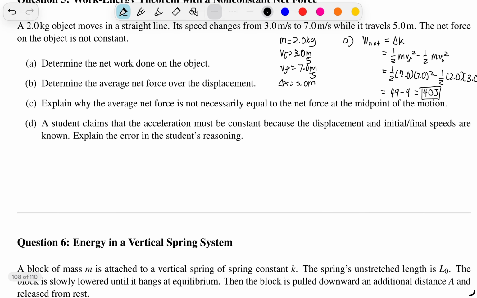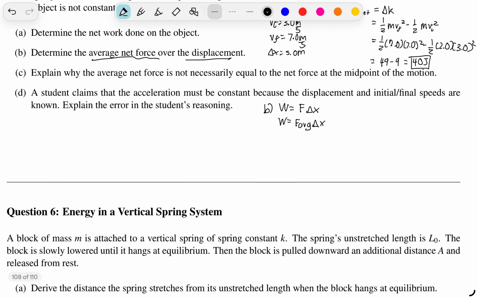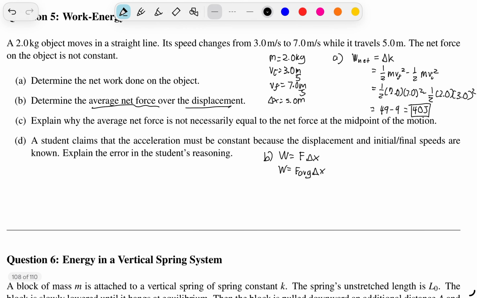Now we are asked to find the average net force over the displacement. Well, when you have net work, you are going to have to look at average. So you still have work is equal to your force times your displacement, but in this case, instead of just force, this is going to be your average force. So you still have delta x. And we know that it's going to be moving in a straight line.